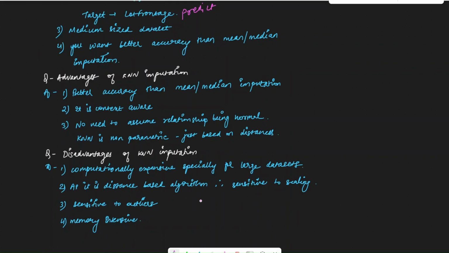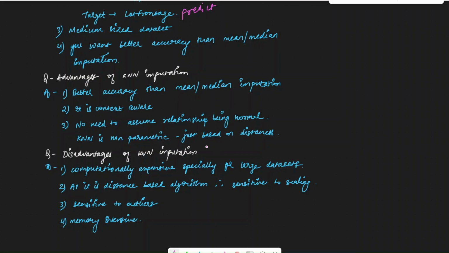Now talking about the advantages of KNN imputation. The first advantage is it gives better accuracy than mean and median imputation. Why? Because here we are trying to understand the data first and then replace missing values. Second, it is context aware, because again we are trying to understand the data here. Third, we don't need to assume any relationship, such as the data being normal or Gaussian.